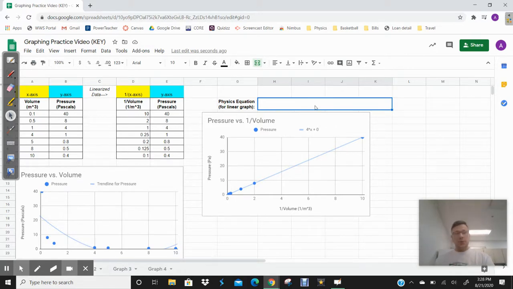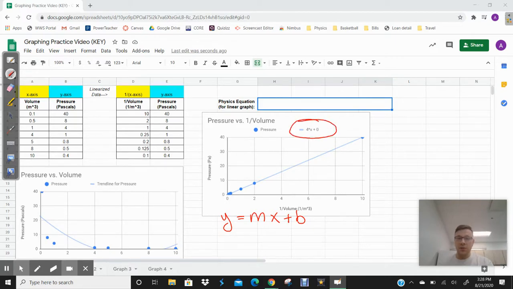What we're going to do first is I'm going to do it on the screen by writing, and then we'll type it in. But just remember that what we're trying to do here is use the equation format of y equals mx plus b. Remember that that's the equation for a line. The equation that we put on the graph is in the format of y equals mx plus b.